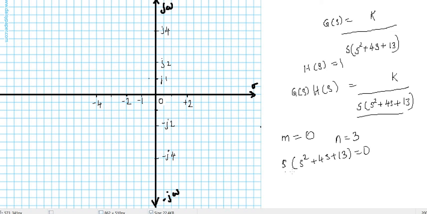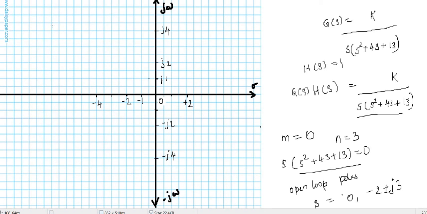From this we get s is equal to 0, that is the first pole, and by solving the quadratic equation s square plus 4s plus 13, we get the open loop poles of the given system at s equal to 0, minus 2 plus or minus j3.